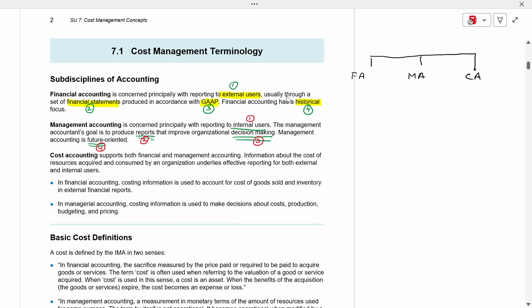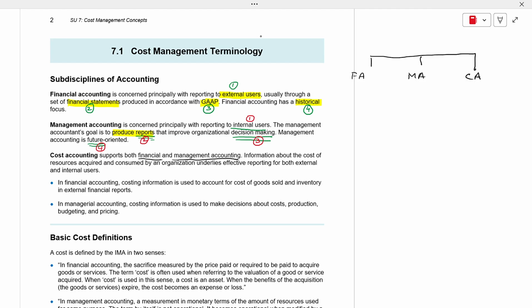Now what is cost accounting? Management accounting basically produces the reports. Cost accounting will support both financial and management accounting. It is in between.